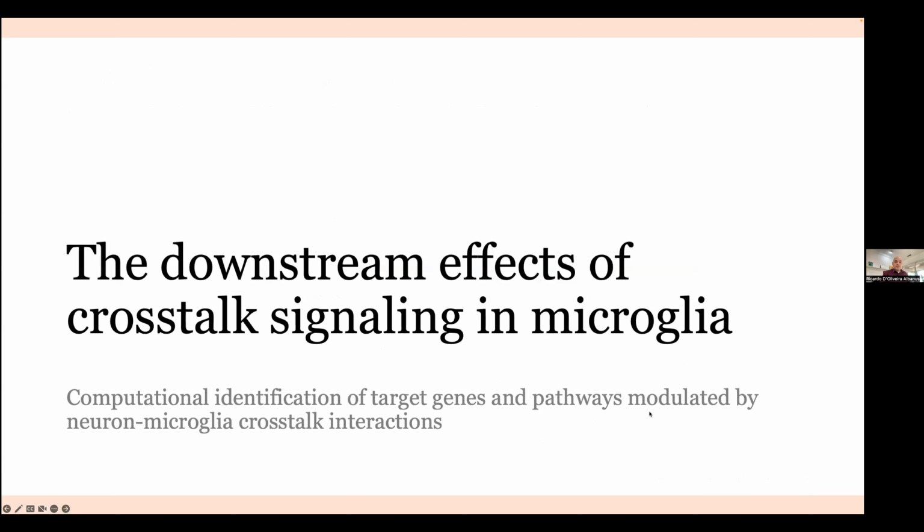And we can take this one step further and test which cell type is statistically enriched to interact with microglia for these Alzheimer's disease crosstalk interactions. And very interestingly, we see that the neurons are the most enriched cell type to interact with microglia. And we did the same analysis in other brain single-cell RNA-seq data sets, and we see very similar results.